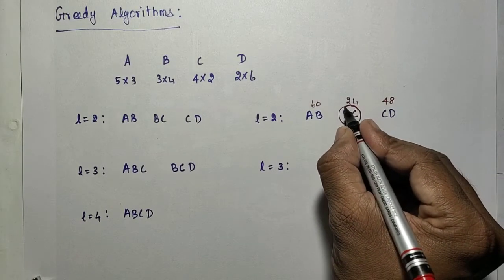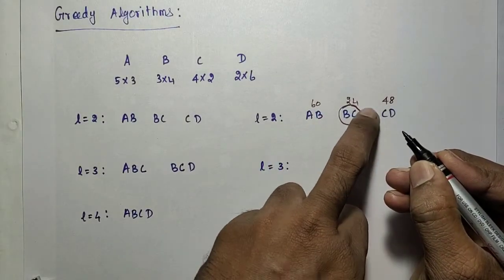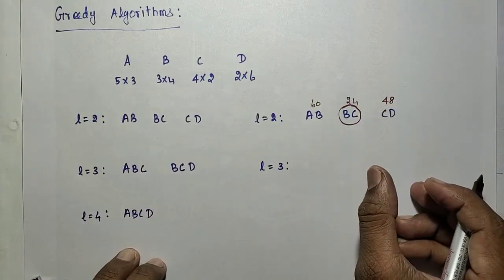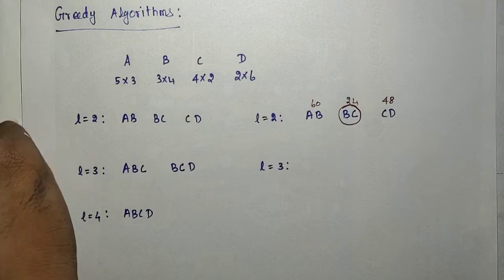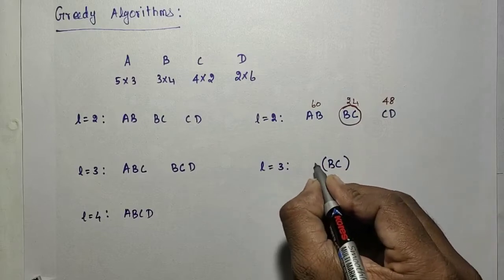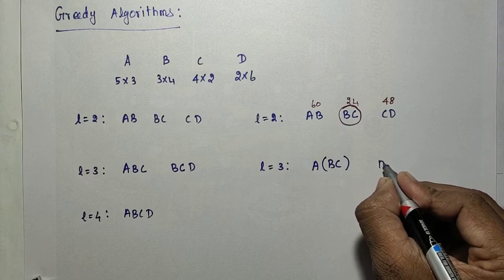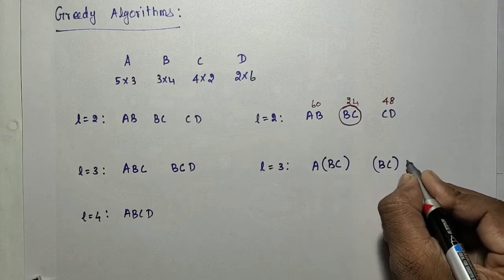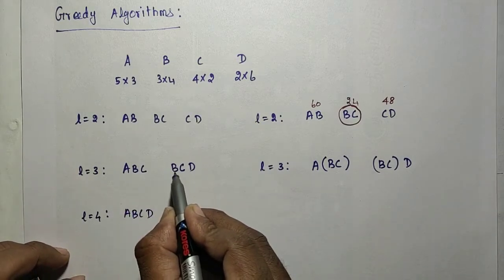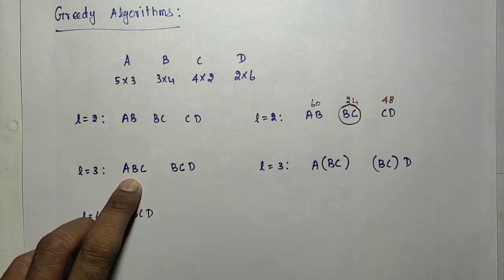The advantage here is that we will not record this, so the next level solution is based on that BC. With that BC, we will find the other possibilities: BC into A, and another check, BC into D. Here for ABC and BCD we will find the optimal solution.